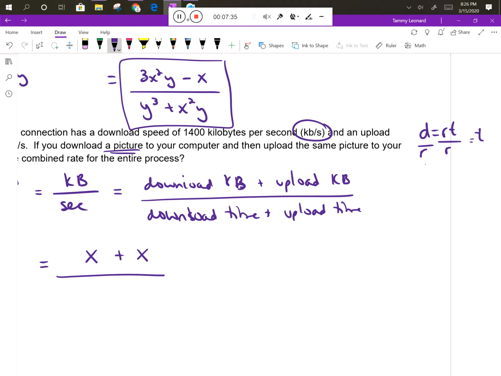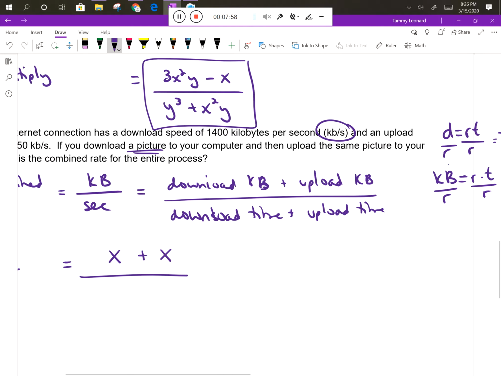This is a similar scenario, except it's kilobytes equals the rate at which something is happening times the amount of time you allow that thing to happen. So if we divide both sides by the given rate, we have the amount of time spent uploading or downloading.